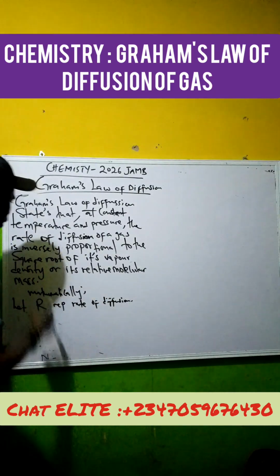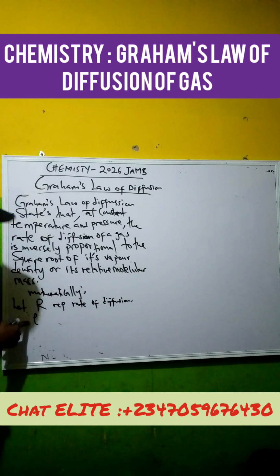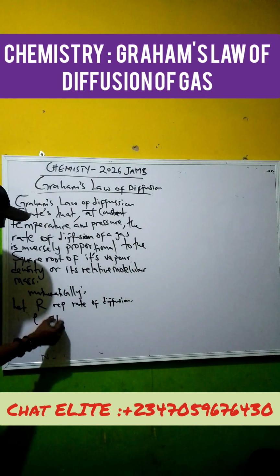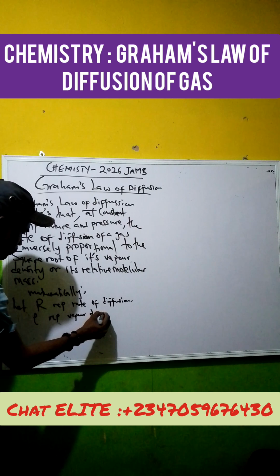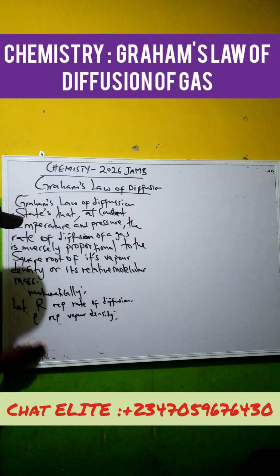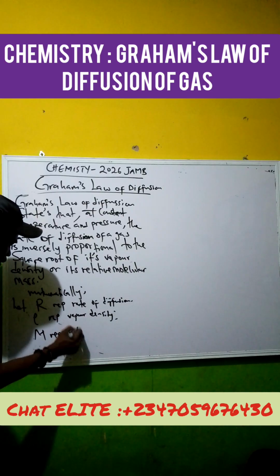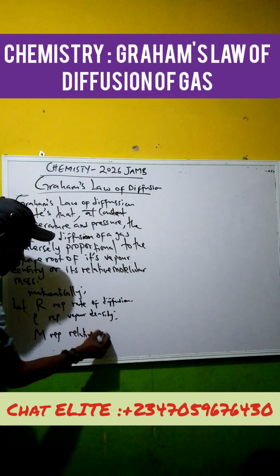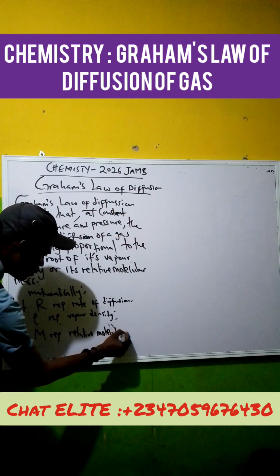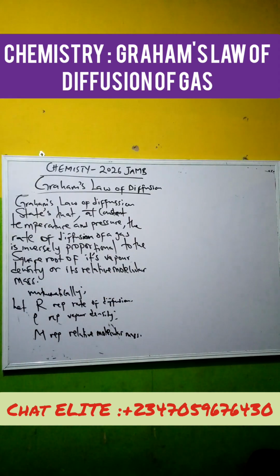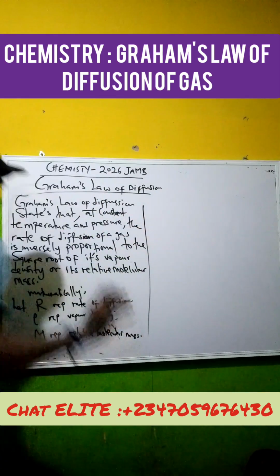And let this symbol represent our vapor density, and also let this capital letter M represent our relative molecular mass.